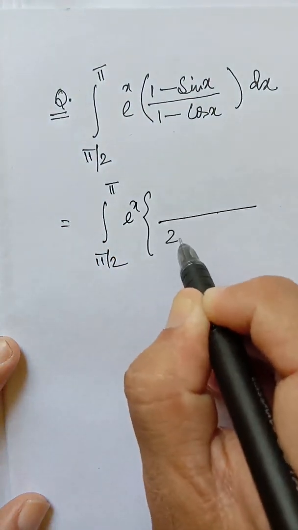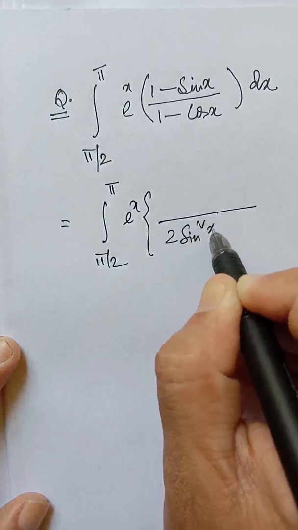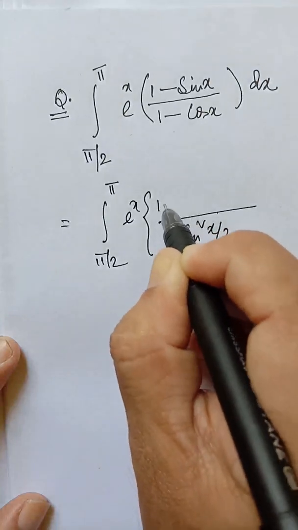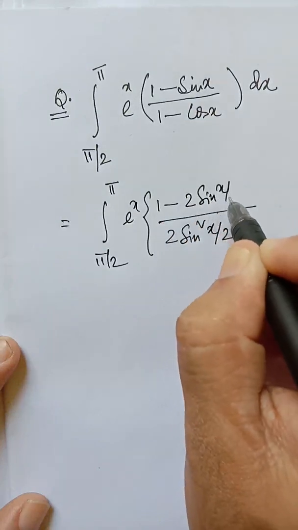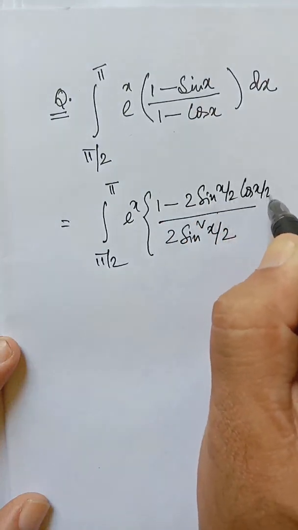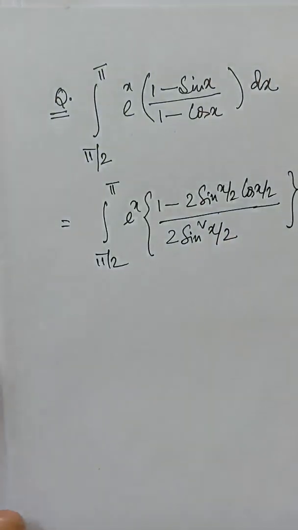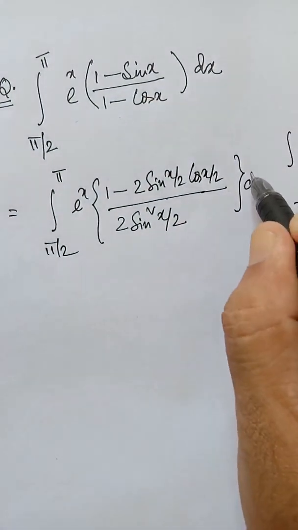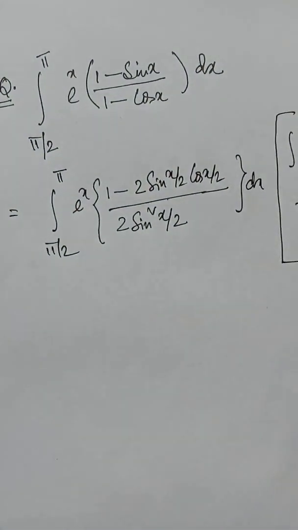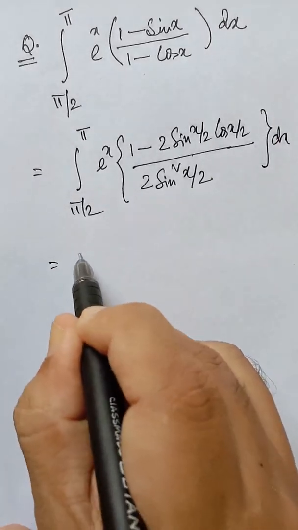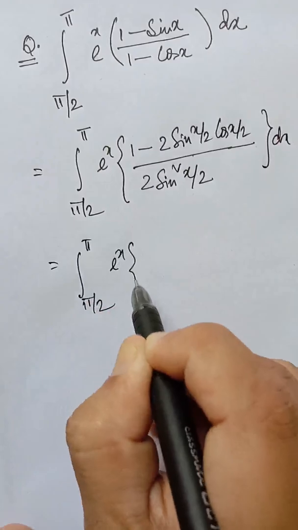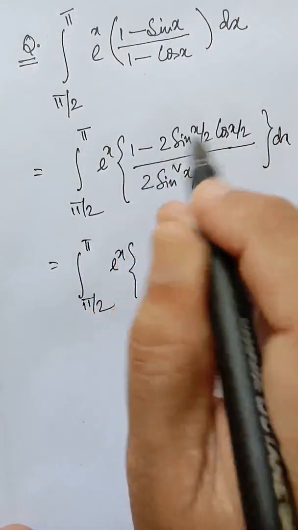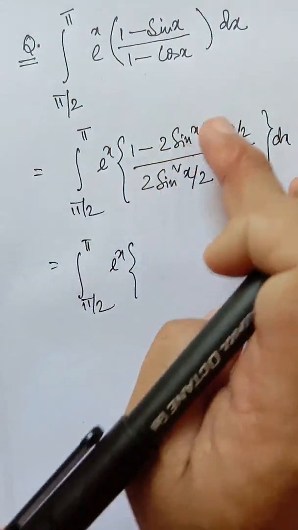Next, the limit is from pi by 2 to pi, e to the power x. 1 minus cos x is 2 sin square x by 2. 1 minus sin x is 2 sin x by 2 cos x by 2. Next step, look, integration from pi by 2 to pi of e to the power x into 1 by 2. Now divide this by this, minus this by this.